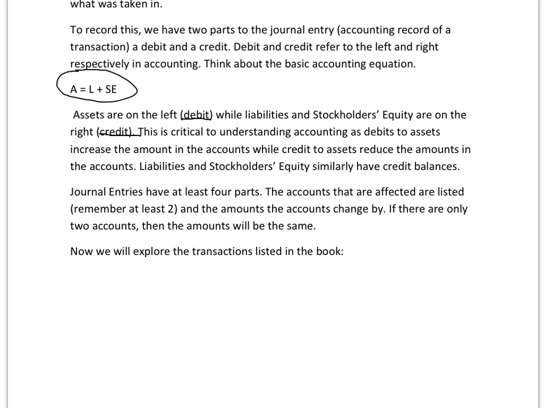And if we're going to talk about journal entries, there's a minimum of 4 parts. We'll have the 2 accounts that are affected. Remember, there's got to be at least 2. We're giving something up and we're getting something. And then the amounts. So if we think about raising funds, we have cash and maybe we have notes payable.